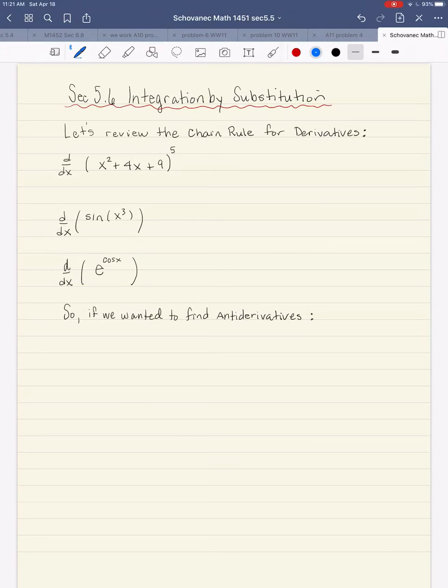So let's look at the derivatives of some compound functions. When you've got the parentheses holding x squared plus 4x plus 9 to the fifth, remember we take the derivative by bringing the 5 down, raise the quantity to one power less, and then multiply by the derivative of what's inside.